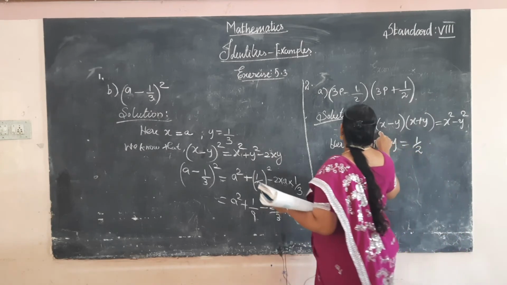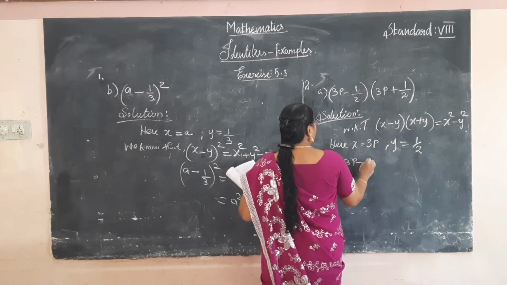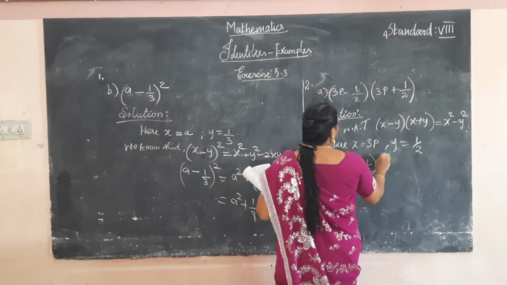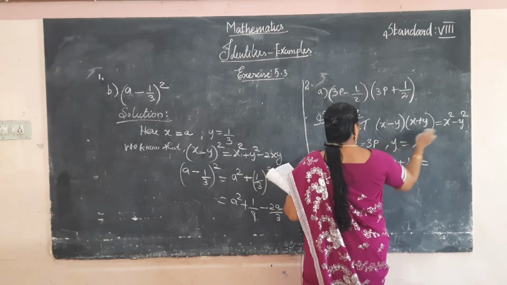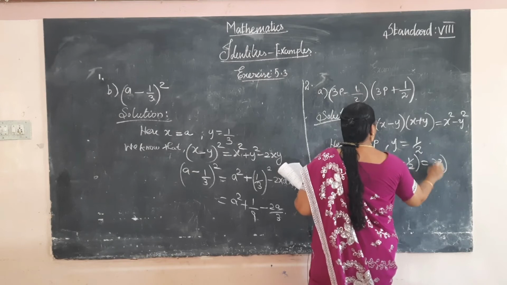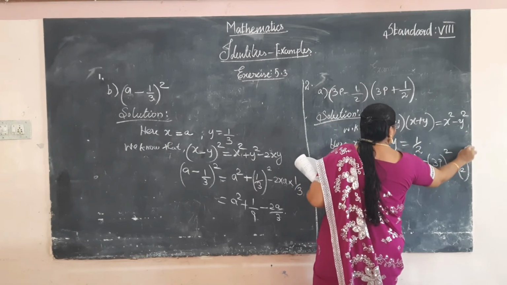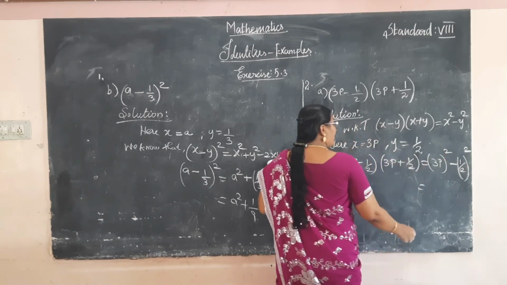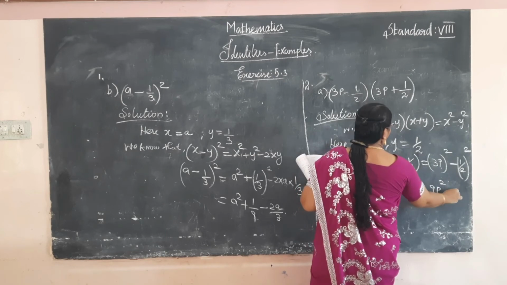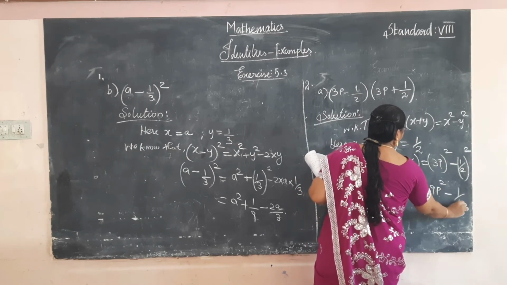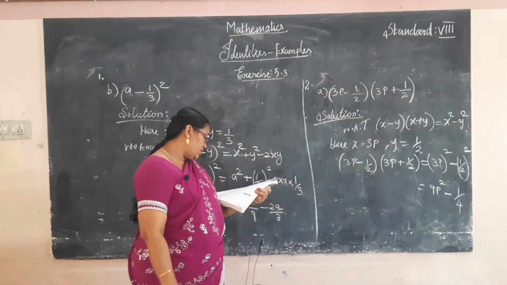So the answer: 3p minus 1 by 2 into 3p plus 1 by 2 is equal to x value 3p the whole square minus y value 1 by 2 the whole square. So writing it expanded, 3 square value is 9, 9p squared minus 1 by 4. So that is the answer. Okay, right. And next one, B problem.